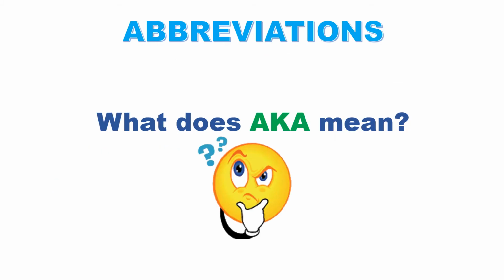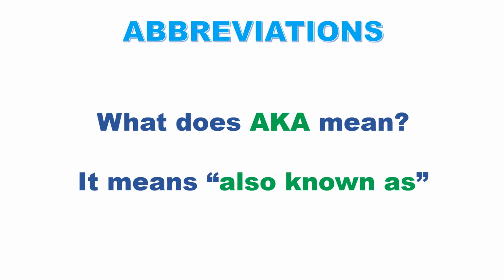So that's the abbreviation, aka. What does aka mean? Do you know? It means also known as. Okay, so also means that the person is known in that way too.